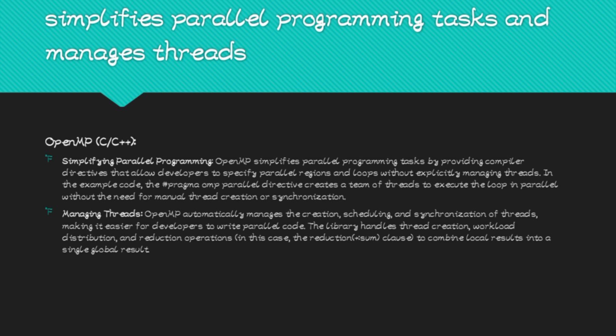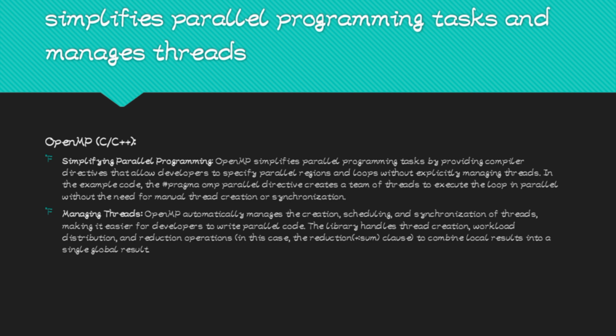So in the example code I gave before, we saw the pragma omp parallel directive, which creates a team of threads to execute loops in parallel without the need for manual thread creation or synchronization. So it will just help to create the threads for you. Then it also helps in managing these threads.